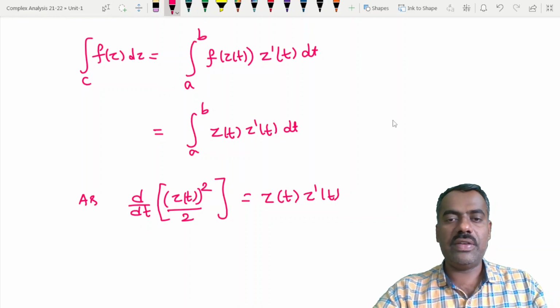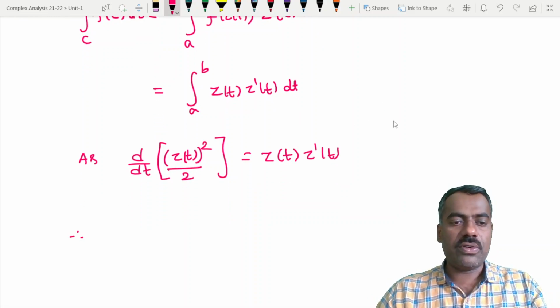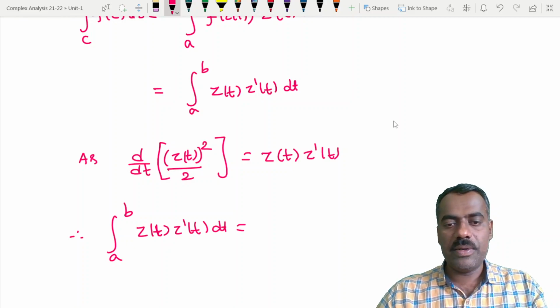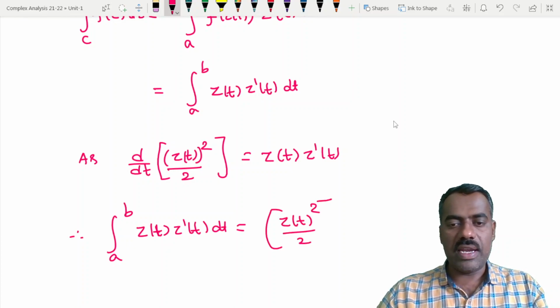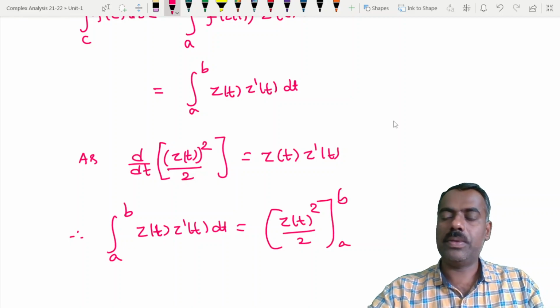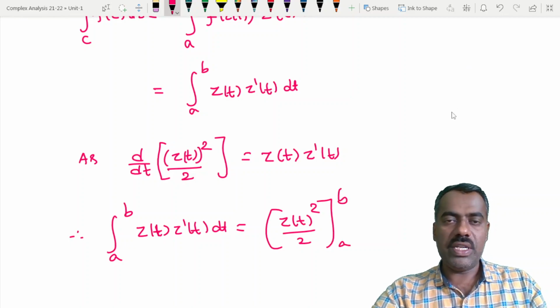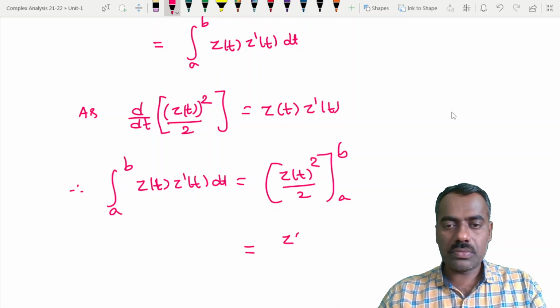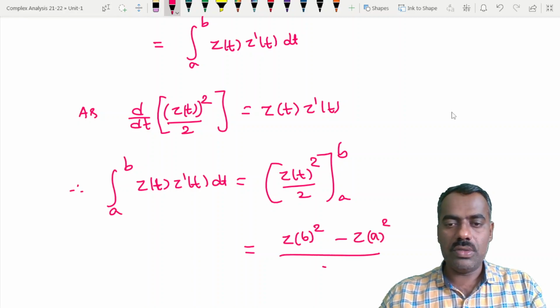So by the result we saw yesterday, the integral from a to b of z(t) z'(t) dt is z(t) squared by 2 with limits from a to b, using the small w(t) and capital W(t) we discussed. So this is z(b) squared minus z(a) squared, by 2.